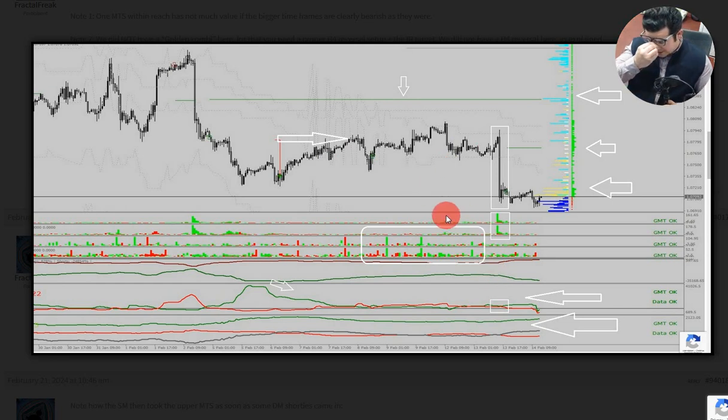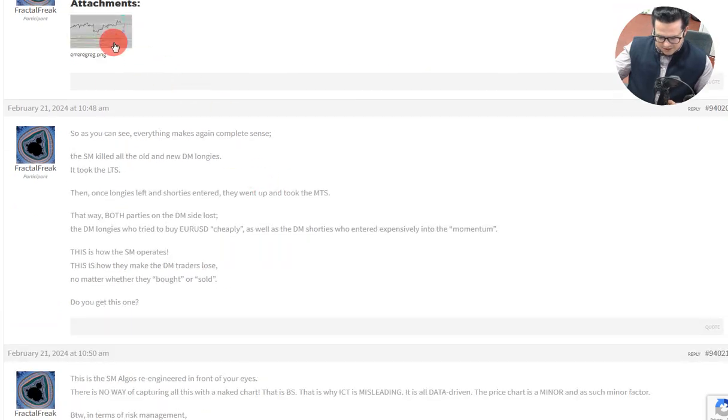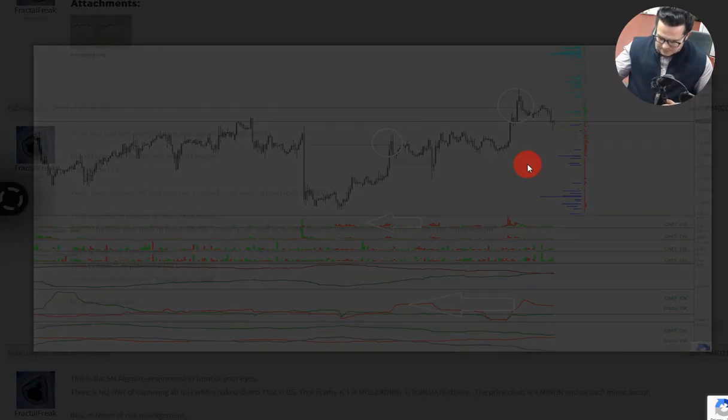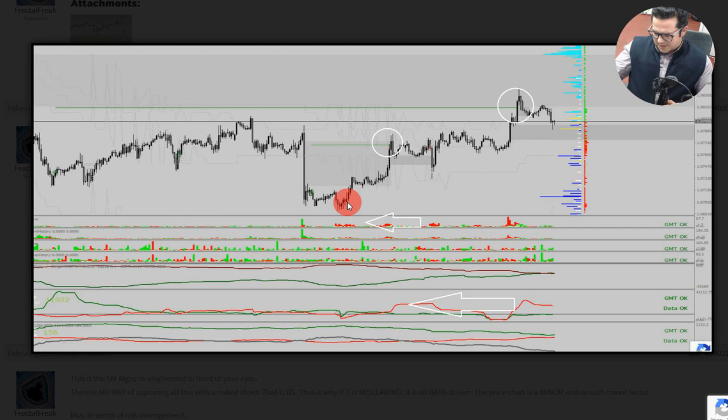So what happened? The news came out, the algos pushed euro dollar down against those longies, killing them and taking the stops, clearing the low and all of that. But guess what? As I posted later on, shorties come in, so after that they go up against the shorties, they take the first MTS and then also the original MTS against those money shorties.